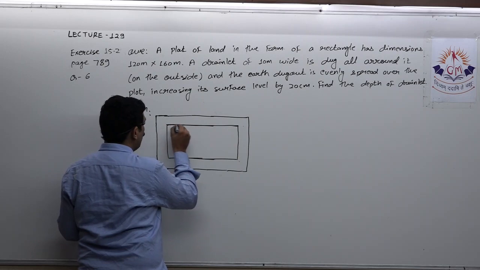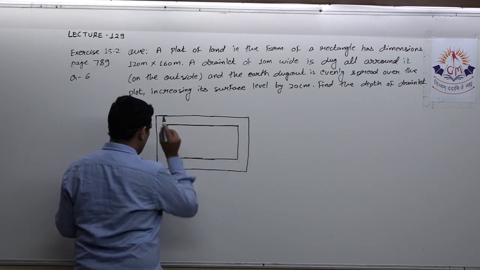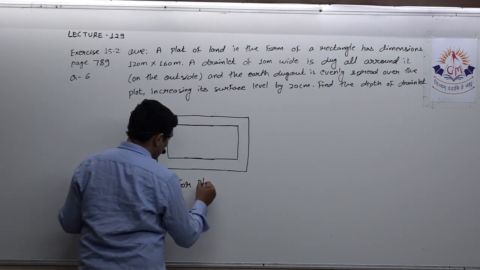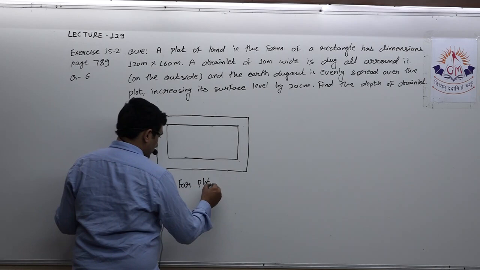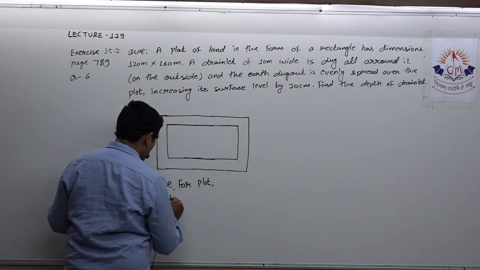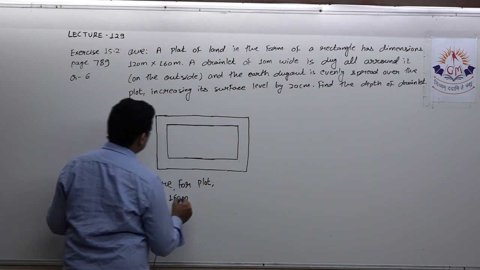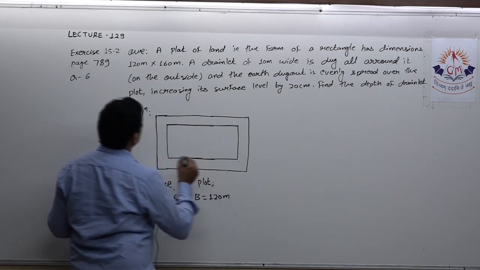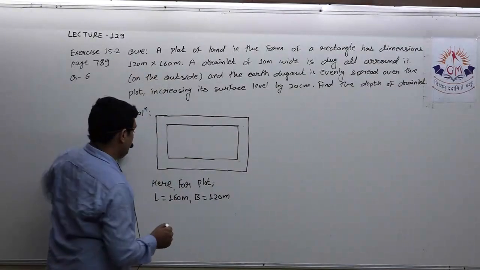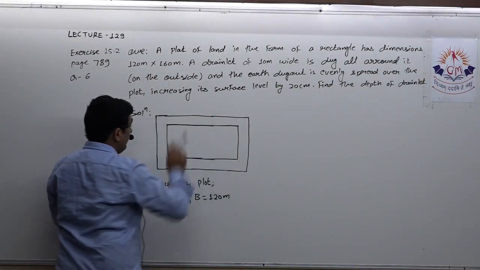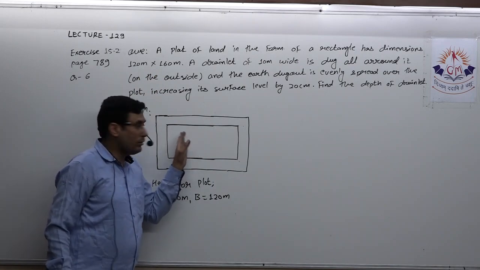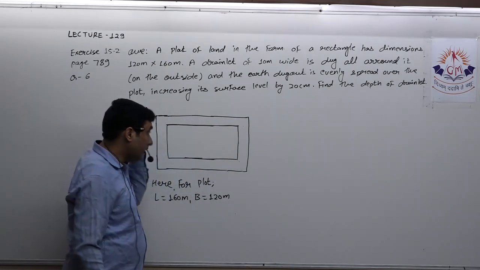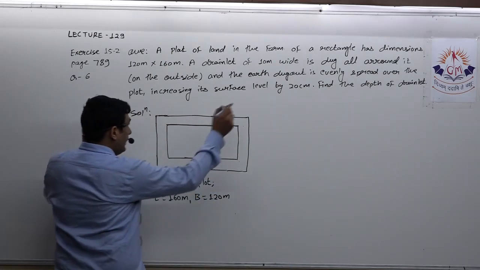It is given the dimensions of the plot are 160 by 120. So for plot, length is equal to 160 meter, breadth is equal to 120 meter. Also it is given when we spread the earth, the soil taken out from this drainlet over the plot, its height raises by 20 centimeters.